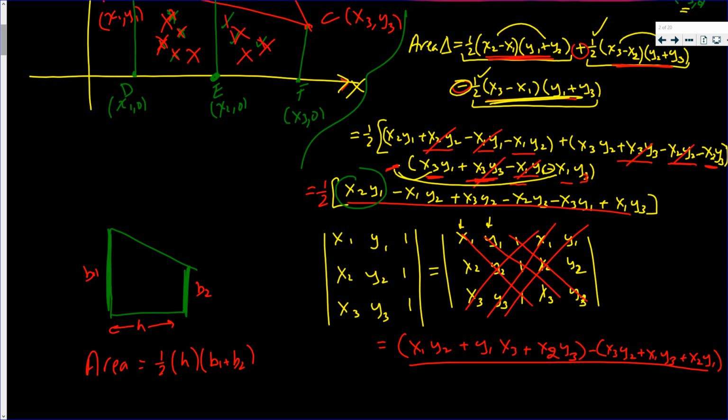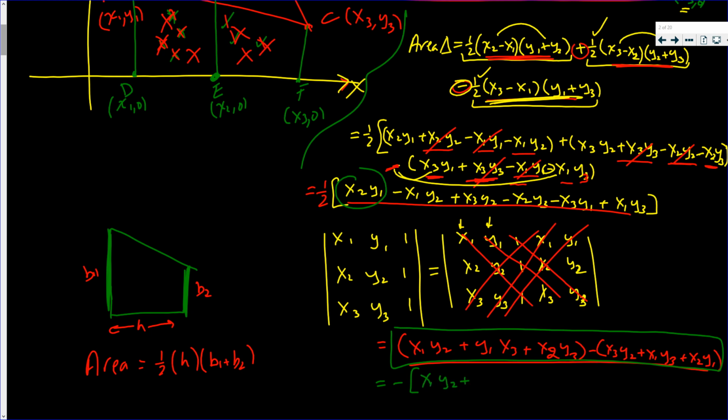Okay, so let me just factor out a minus sign. Actually, remember, area is positive. It's either this or it's negative this.